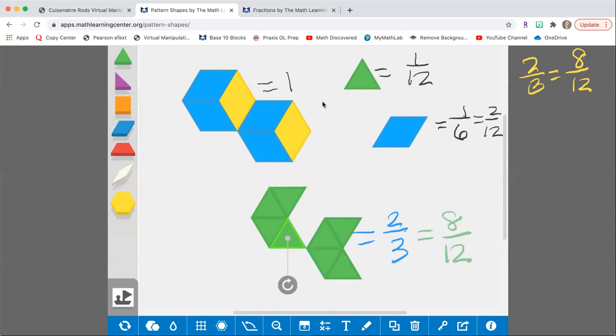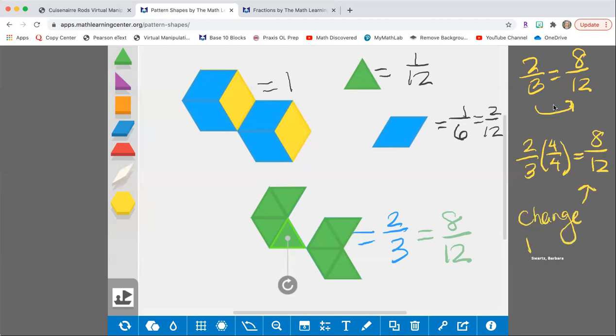I'm going to let you try that on your own and practice this explanation of how we're cutting up each piece, so that way we can show these equivalent fractions and show this multiplication of 1, the multiplicative identity, to change the number of pieces and the size of the pieces.